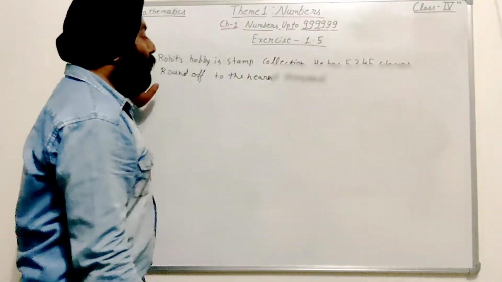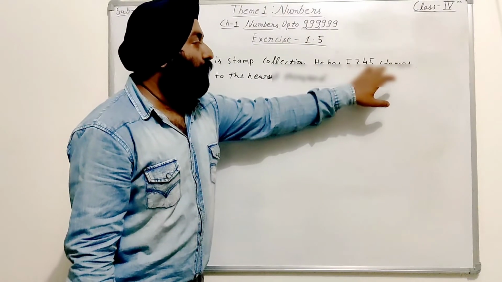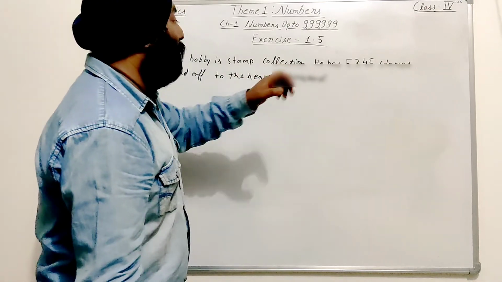Rohit's hobby is stamp collection. He has 5,345 stamps. Now we have to round off to the nearest 1000.